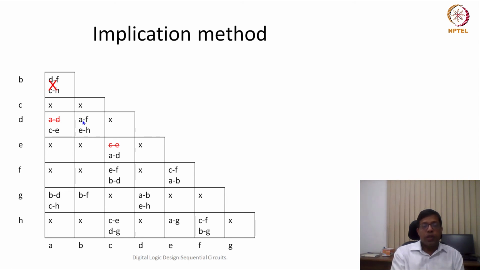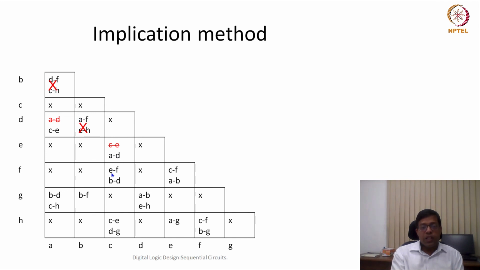Now let's look at A, F, E, H. For A and F, this is A, this is F, so this particular cell corresponds to AF, which means that A and F are not same. Because A and F are not same, that also means that D and B cannot be same, so we put a cross here. This we have already seen.